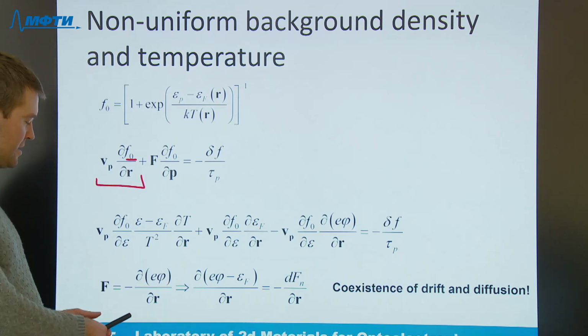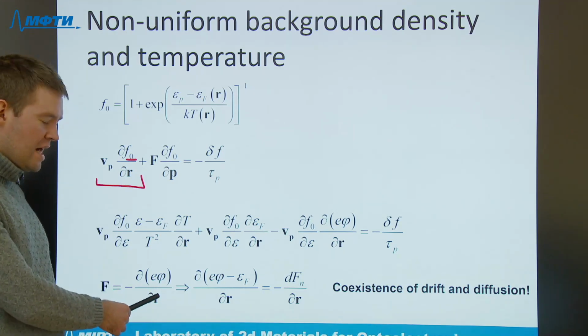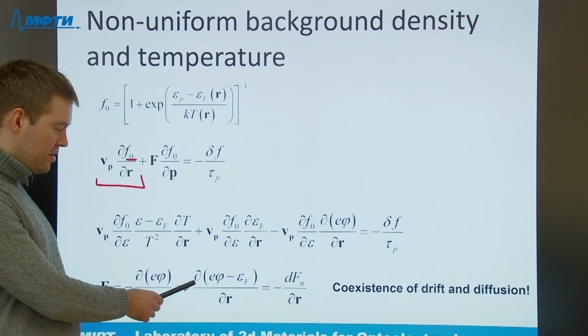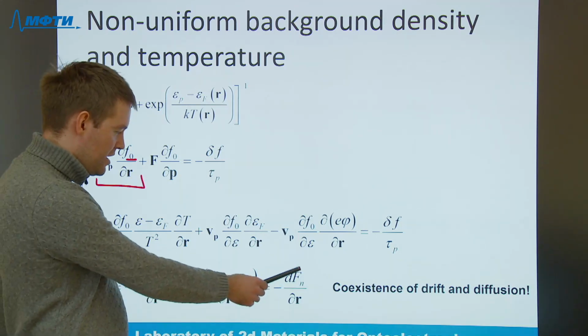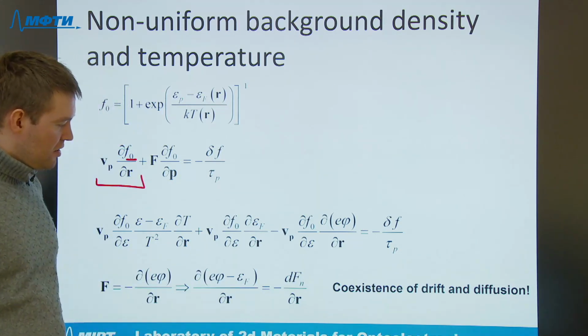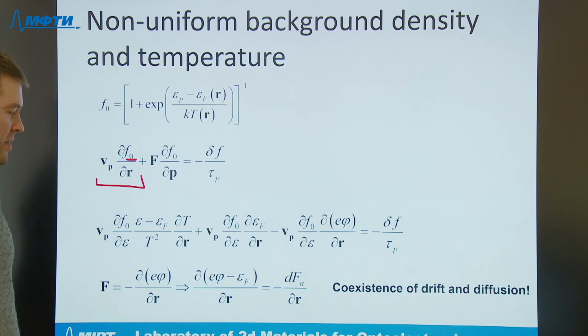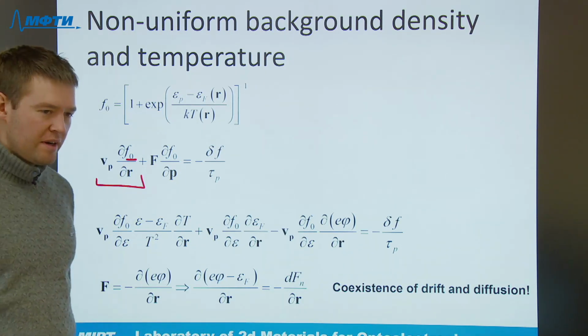You replace this gradient of electric potential by the gradient of electrochemical potential, or by the gradient of the Fermi level with respect to the coordinate.